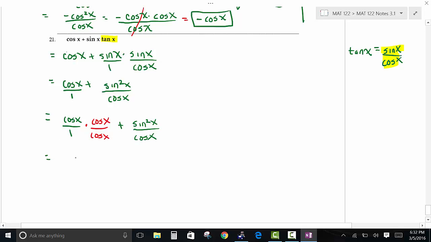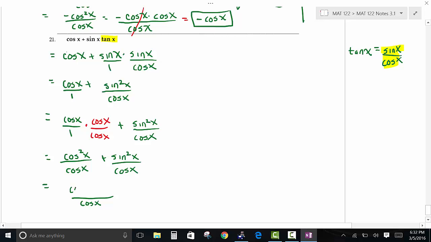Okay, so this fraction, when you multiply it straight across, becomes cosine squared x over cosine x. And since we got a common denominator, we're going to just add those together. Okay. All right, well, we keep the denominator, so that's cosine x.